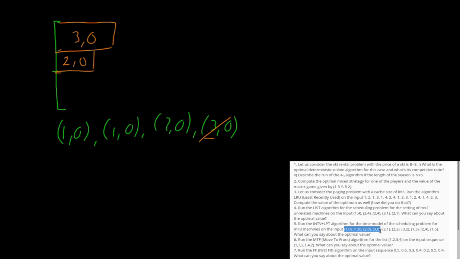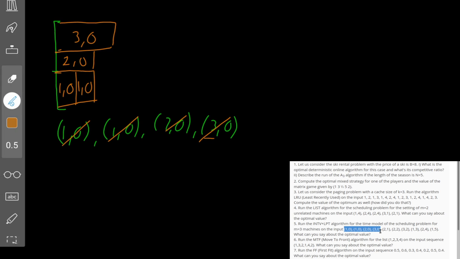The topmost is machine 1, the second is machine 2, and so on. Then the job 10 will get placed here because that's a job of size 1 and the third machine has the least load, and then you will have this 10 which is also placed on this third machine because that guy has the least load.